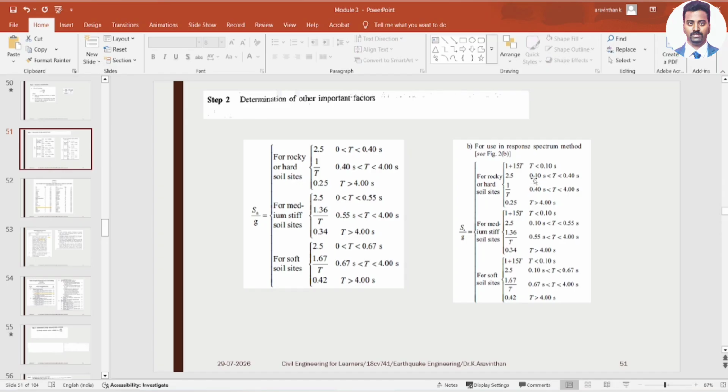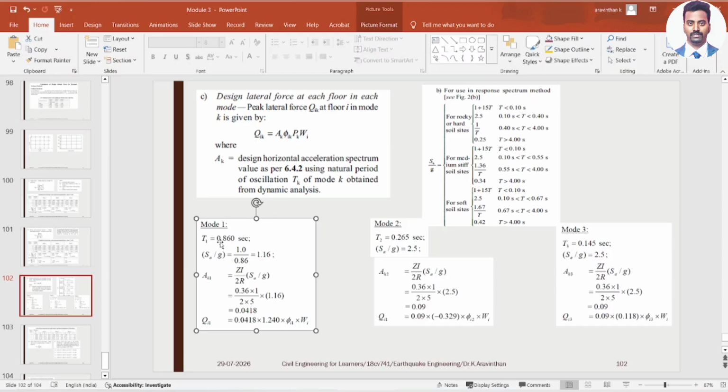So here you can see 0.1 to 0.4 seconds, and next time period is 0.4 to 4 seconds, which is this case. If the time period is 0.86 second, here you can see 1 by T. T is 0.86.